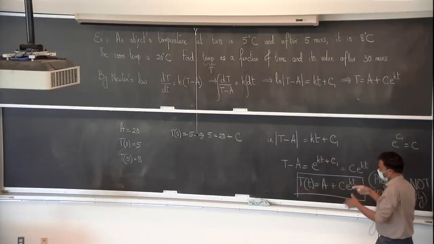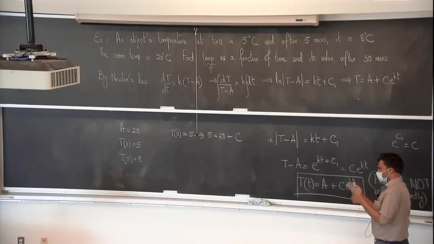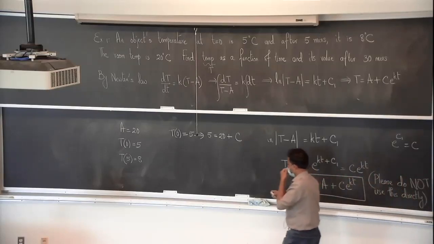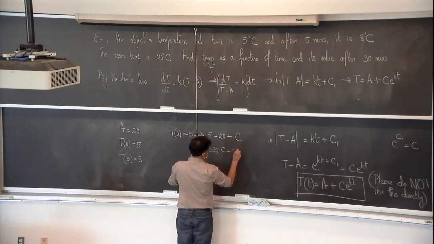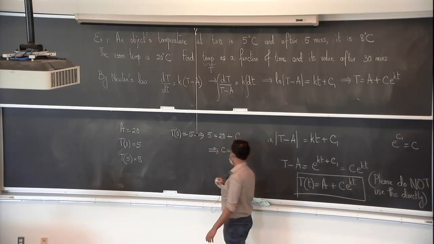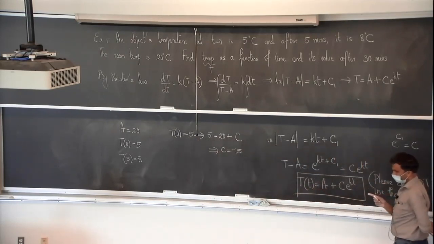That is why doing the value at time t equal to 0 first is easier, because you can get rid of one of the constants right away. So C is negative 15. So that's the easy one.